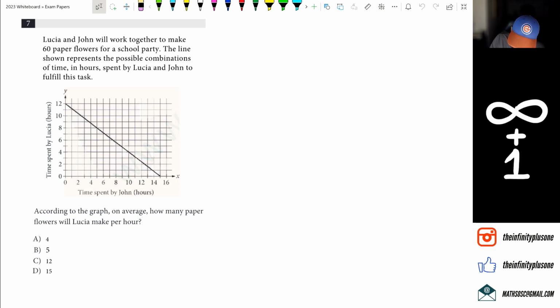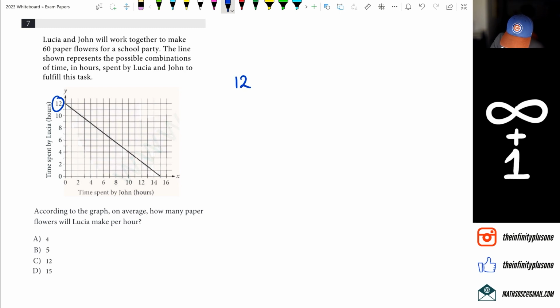Well, under the assumption that we're looking at just Lucia working, the time spent by Lucia is 12 hours. That's assuming John doesn't do anything, so Lucia is going to spend 12 hours doing all of these paper flowers. So that means we've got 60 paper flowers altogether.